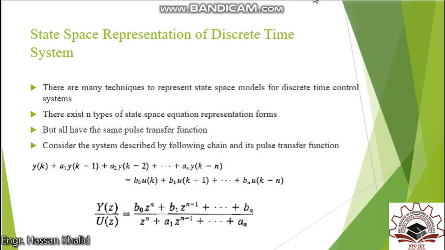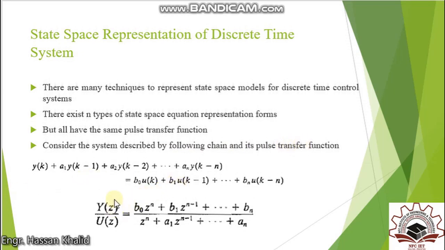If the system is continuous, then it will have the same transfer function for the different state space models, and if the system is mentioned in the discrete domain, then it will have the same pulse transfer function for different state space models.